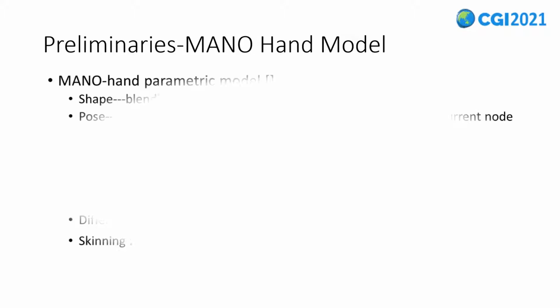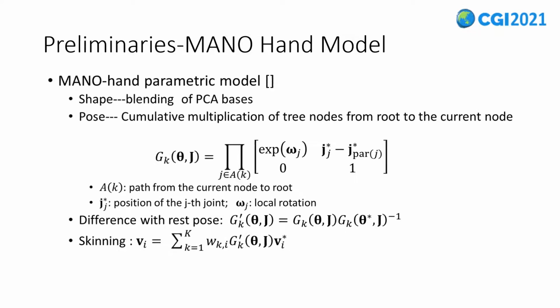For convenience of description, we first introduce the formulation of MANO, and then present the notion of hand anatomical kinematics as preliminaries. Hand model with articulated and non-rigid deformation, abbreviated as MANO, is a hand parametric model.